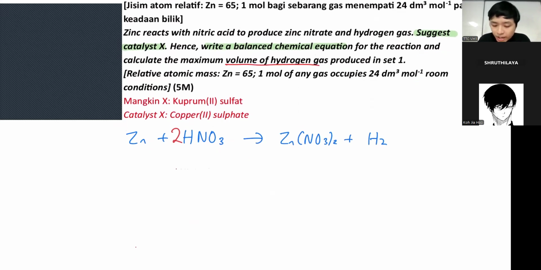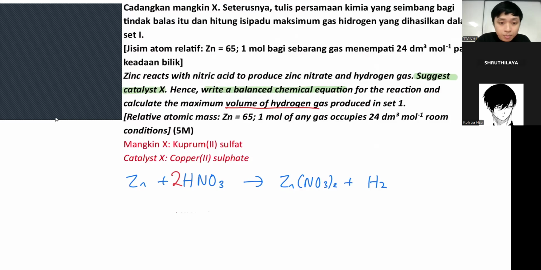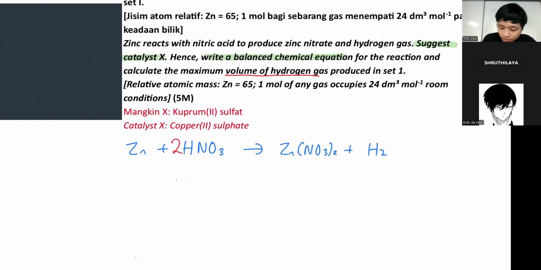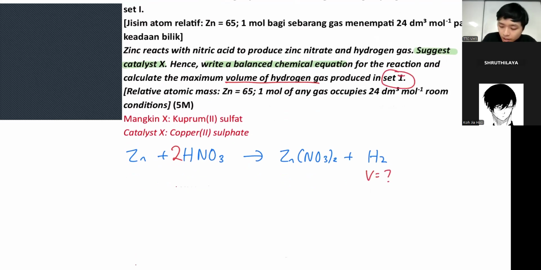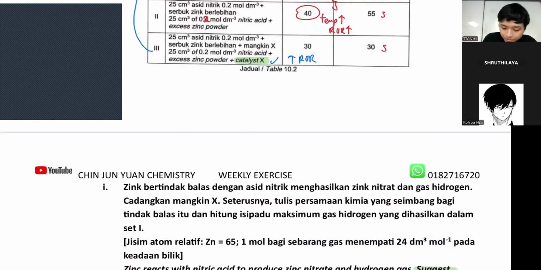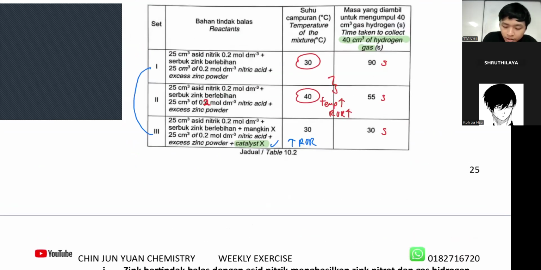They ask for the volume of hydrogen gas in set 1. Again, volume of hydrogen gas, simple, set 1, and then I get the time.